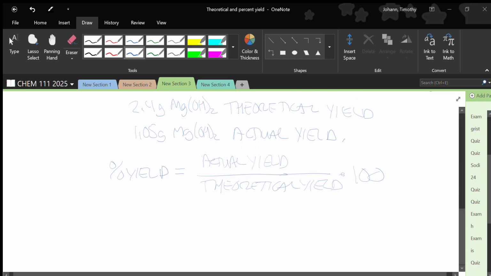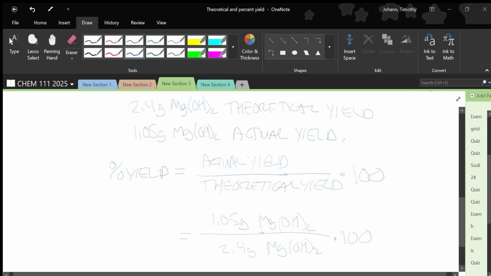So let's go ahead and put those numbers in here. My actual yield is 1.05 grams of magnesium hydroxide over 2.4 grams of magnesium hydroxide times 100.